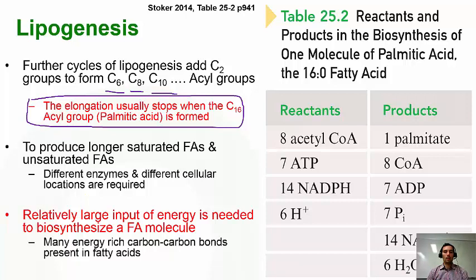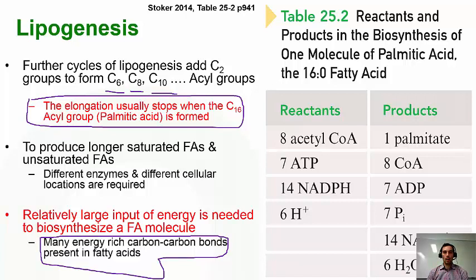So to create these fatty acids actually requires quite a large amount of energy input. Because what we're creating is these energy-rich fatty acids that contain these single carbon-carbon bonds. So it's an energy-using process to do our lipogenesis.